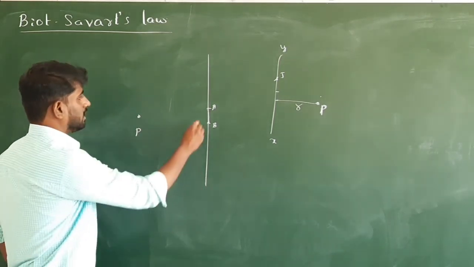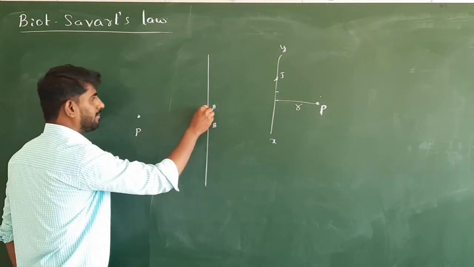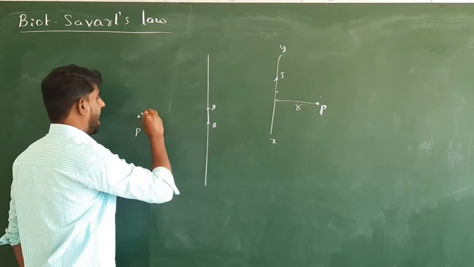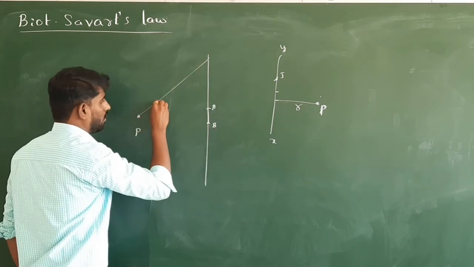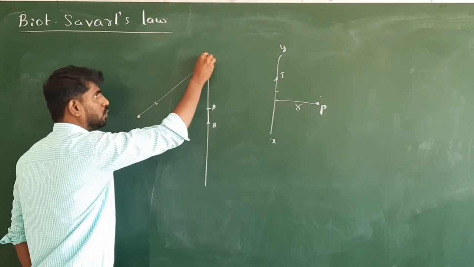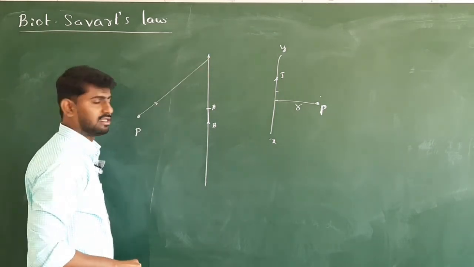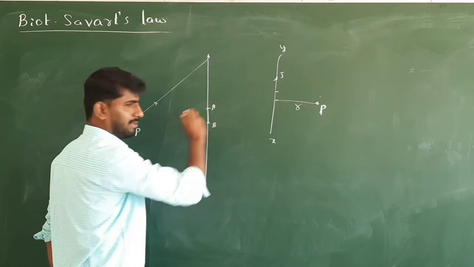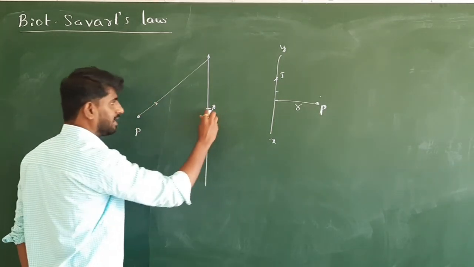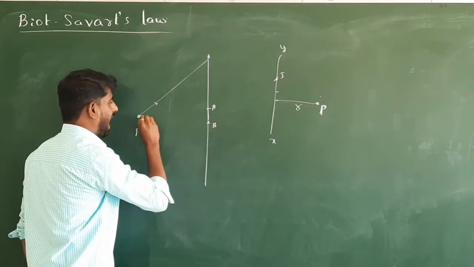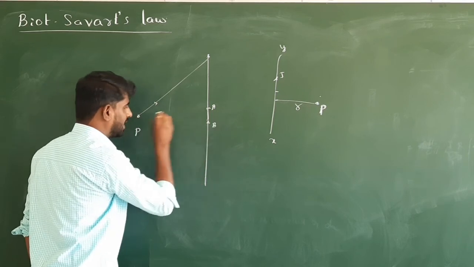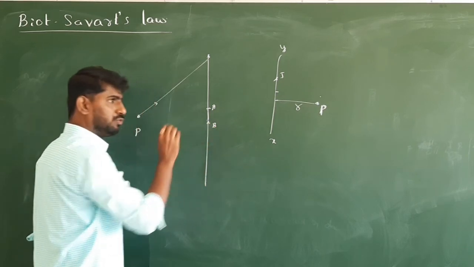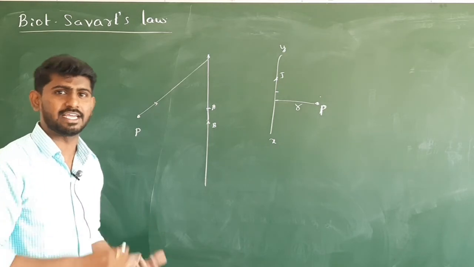If you calculate the magnetic field due to the entire conductor, the angle from the point P to different points of the conductor is different at different points. So we should choose such a small element that the angle from point P to A and from point P to B is the same or nearly equal.